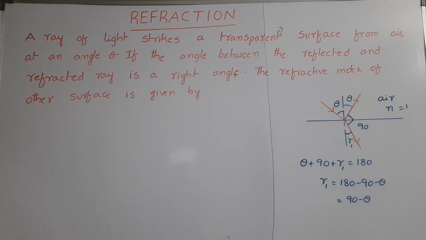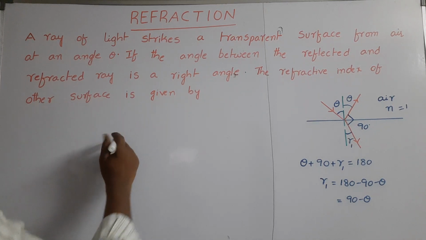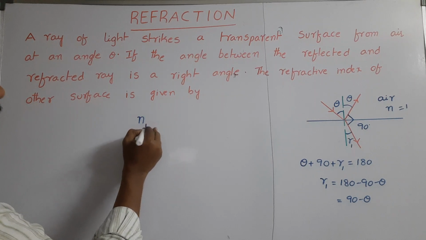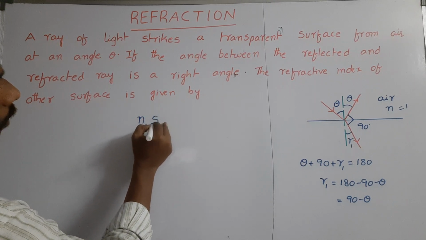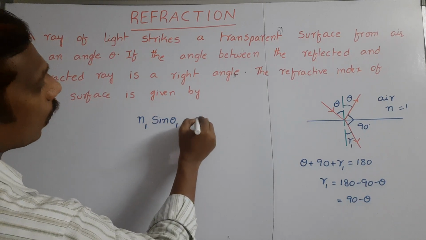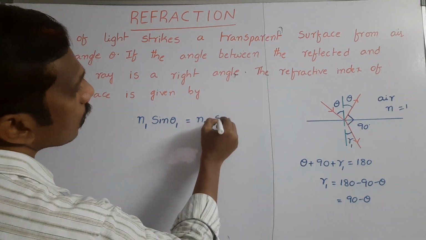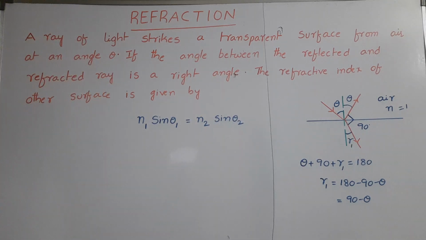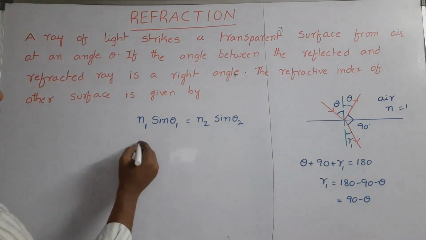According to Snell's law, what is Snell's law? Refractive index of the first medium into sine of the angle in that medium, sine theta 1, is equal to refractive index of the second medium into sine of the angle in that medium, sine theta 2. So n1 sine theta 1 is equal to n2 sine theta 2. The refractive index of first medium A, take it as 1.